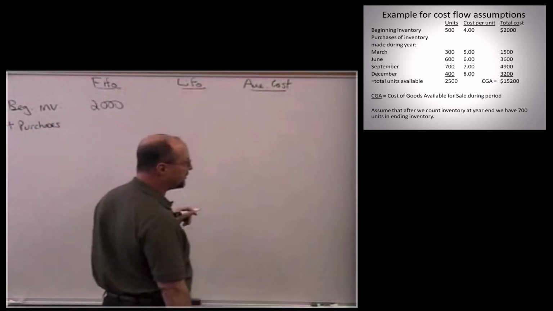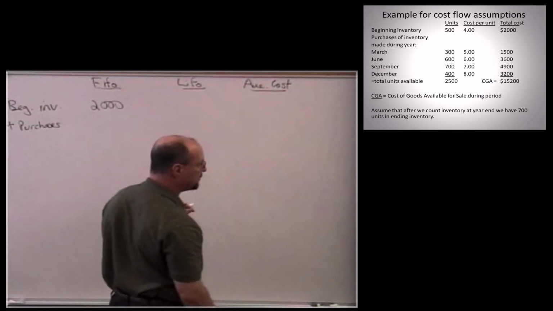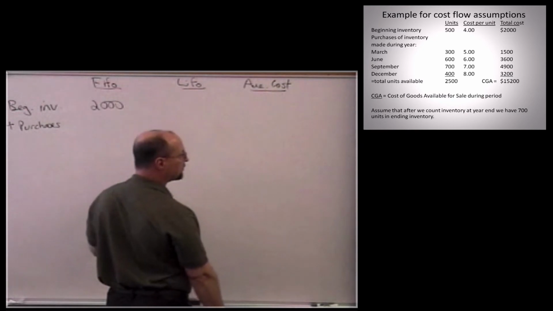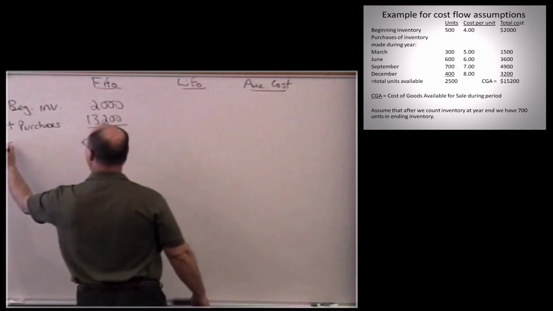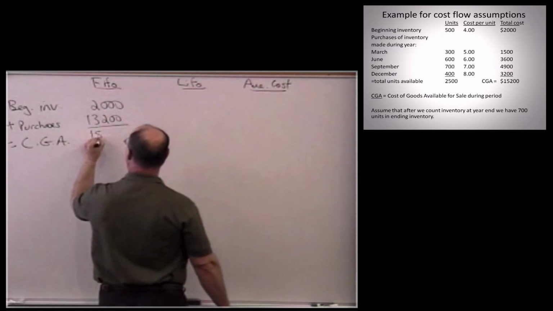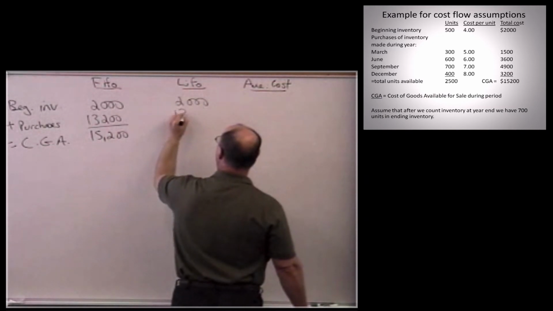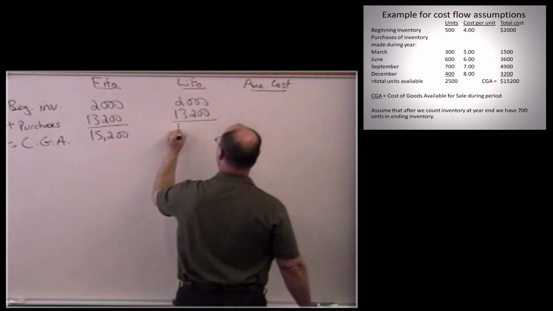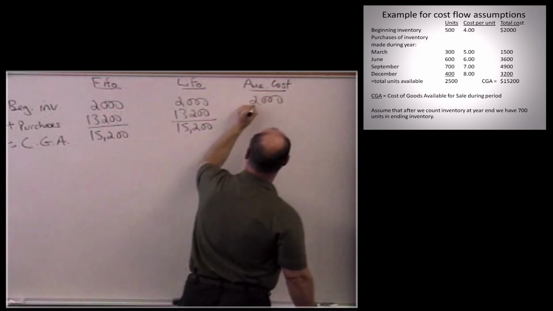And our purchases in total, if you add up 1,500 plus 3,600 plus 4,900 plus 3,200, is 13,200. This gives us cost of goods available for sale, 15,200. It's the same for LIFO, and it's the same for average cost.